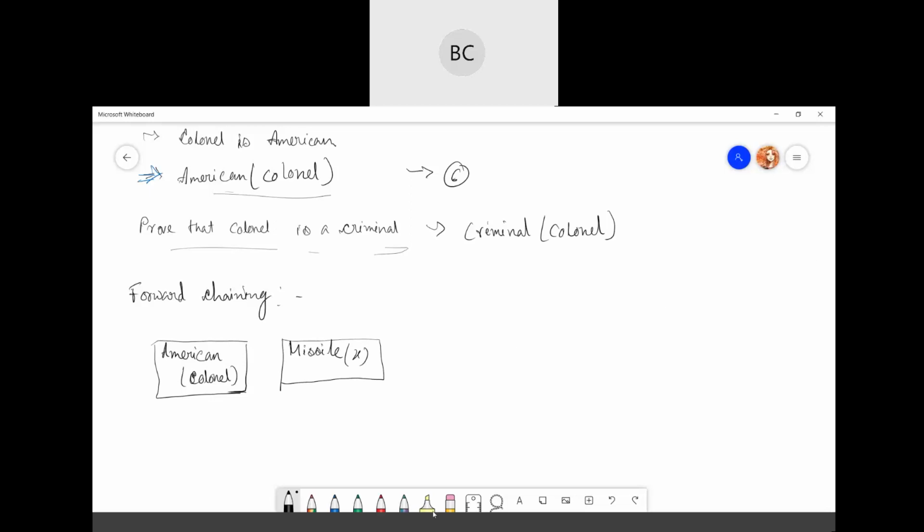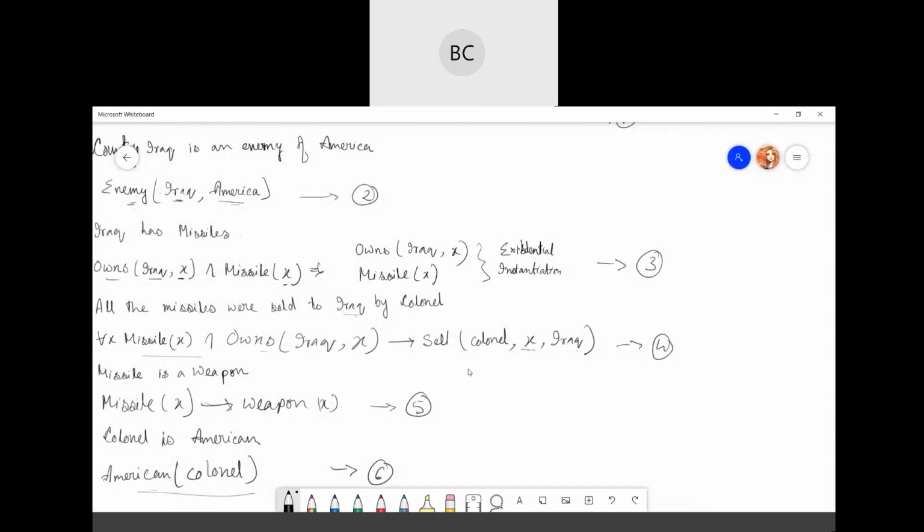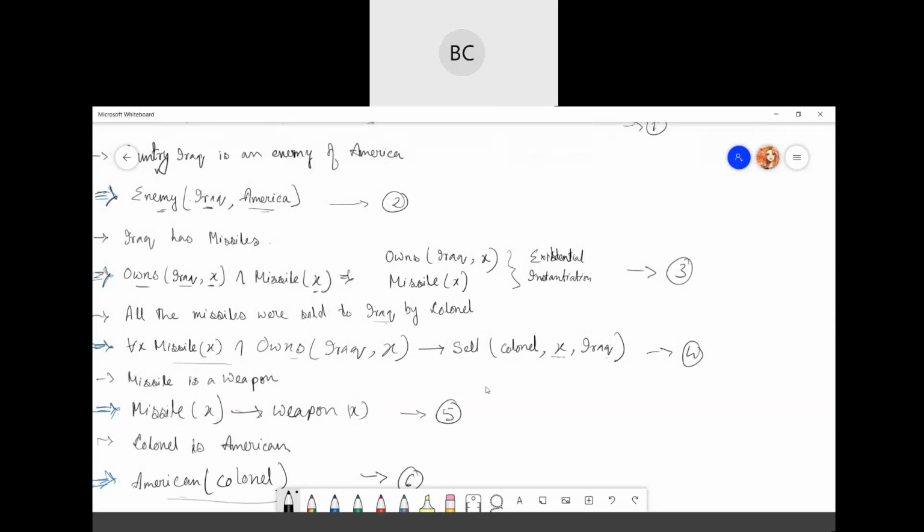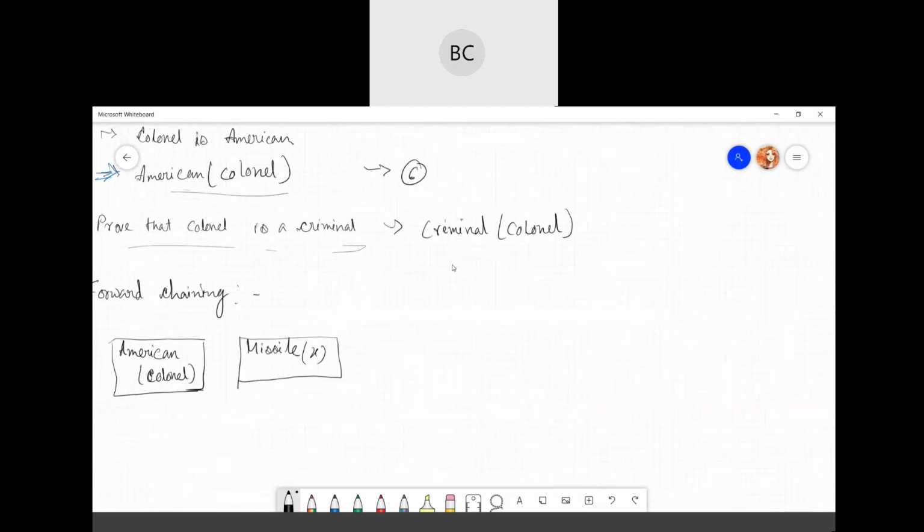Next we had Owns(Iraq, X) and Enemy(Iraq, America).